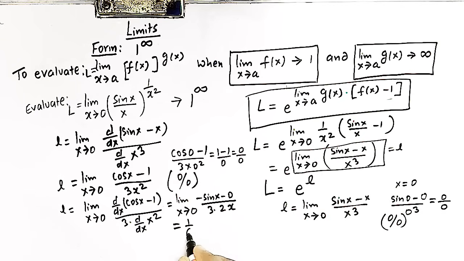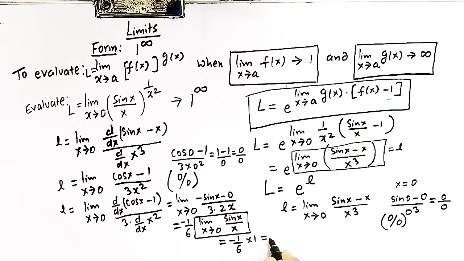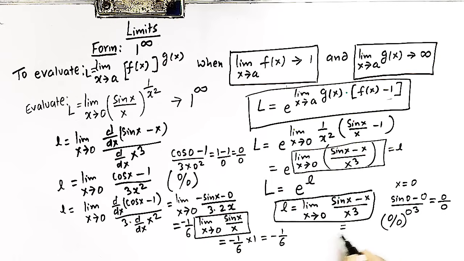We can write 1 over 6, limit x tends to 0, negative sine x over x, right? And this limit is equal to 1. So we have minus 1 over 6 times 1, which is equal to minus 1 over 6. So the value of this limit is minus 1 over 6.